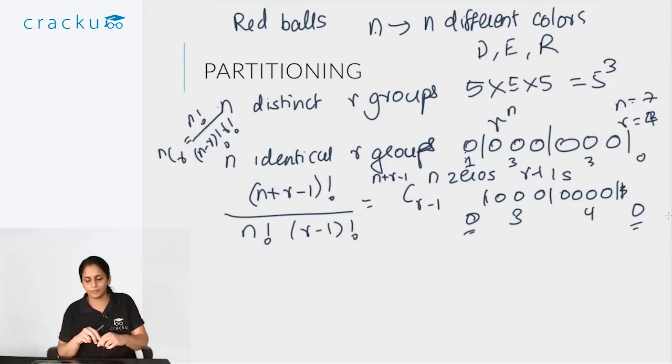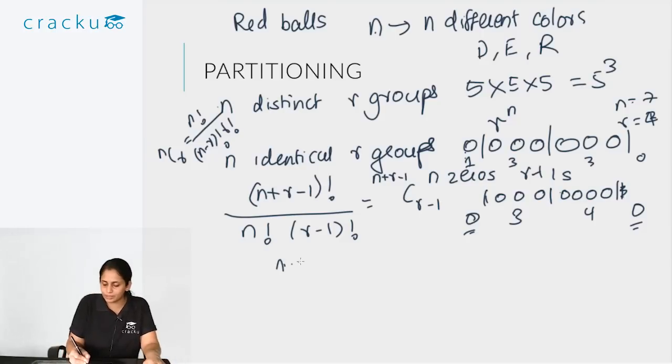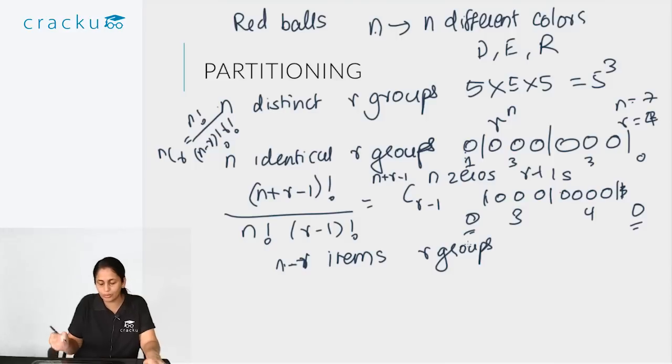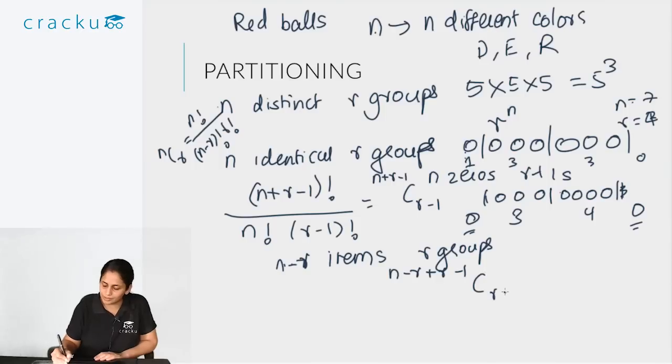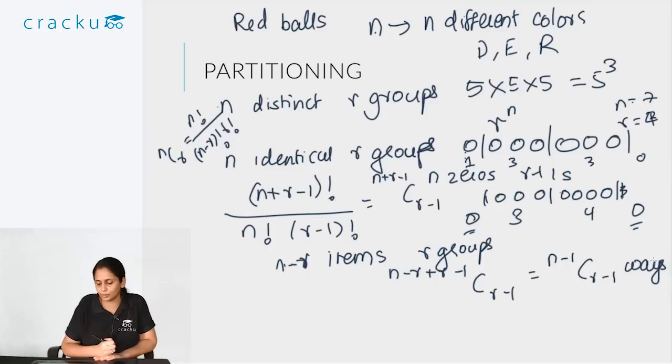Once I have removed R items, I am left with n minus r items which I can put in r groups indiscriminately. I now need not follow the condition. Now this I can do in n minus r plus r minus 1 c r minus 1 ways. So this is essentially n minus 1 c r minus 1 ways. This is when I need to put at least one item in each of the groups. So this is the basic fundamental of partitioning of identical items into different groups.